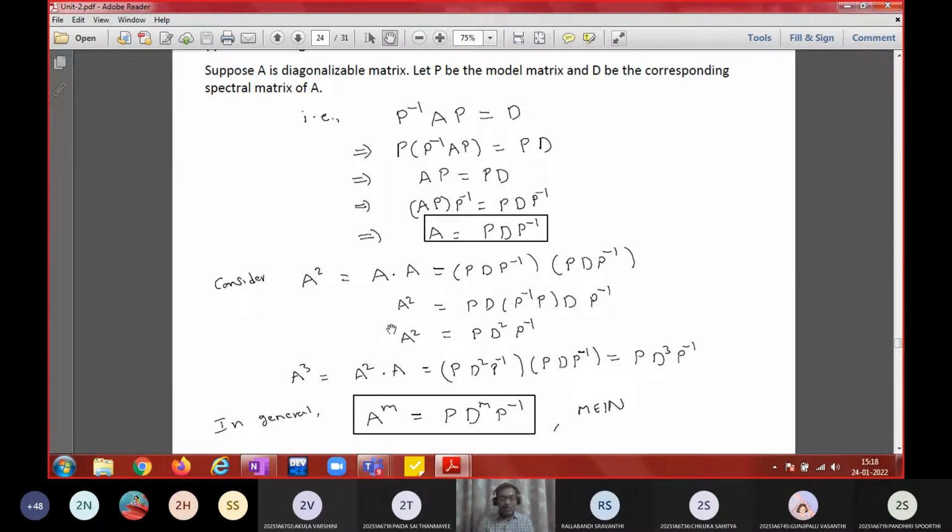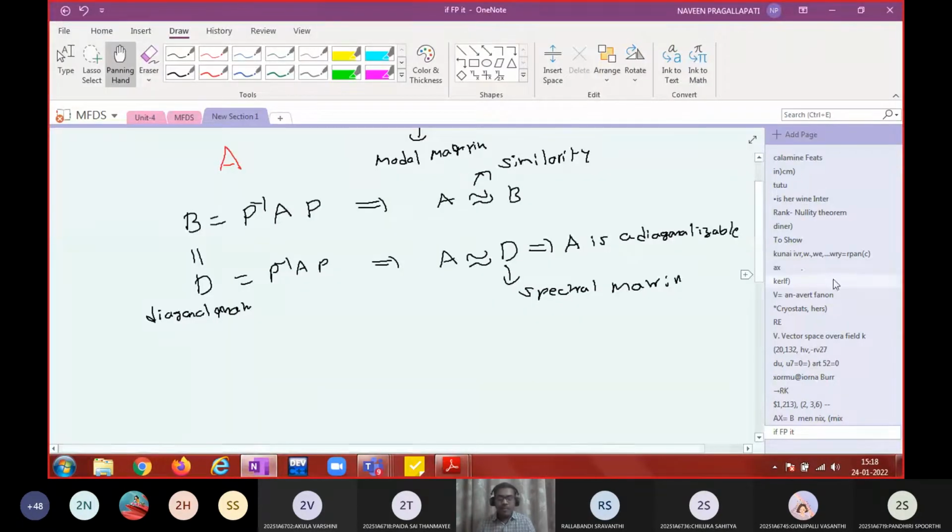Now this is just a diagonalization. There is one more concept called orthogonal diagonalization. We'll come back to this one. So what is a diagonalization?